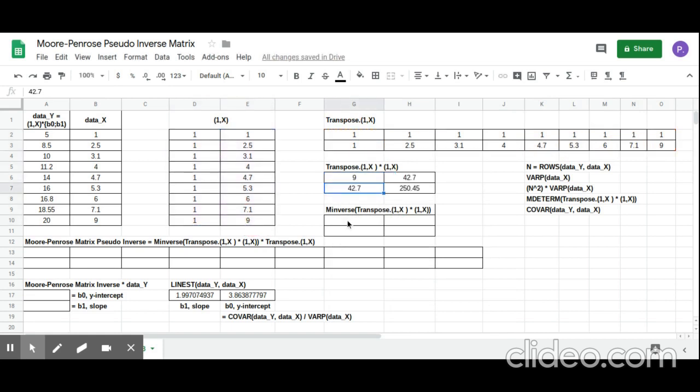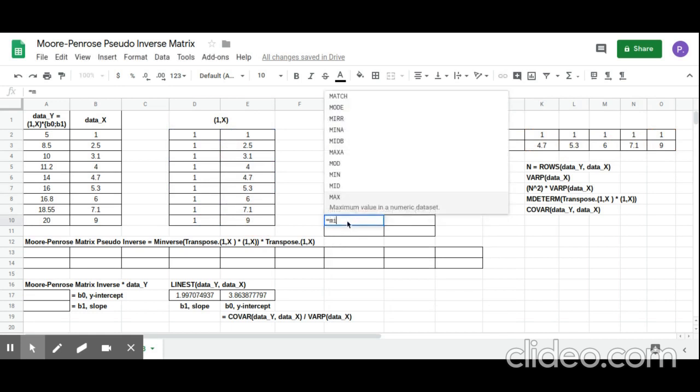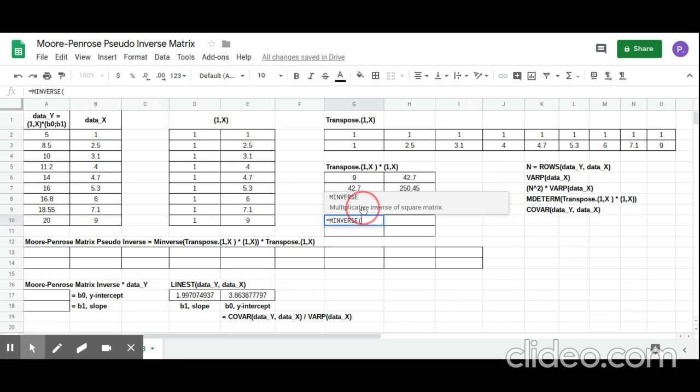Now that we have a square matrix, we invert it with the MINVERSE function. Now that we have the MINVERSE, we multiply it by the transpose to get the Penrose matrix pseudo inverse, which is the pseudo inverse.